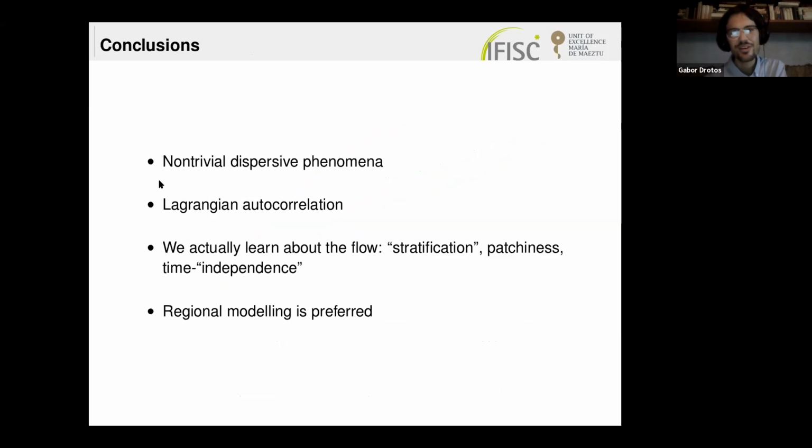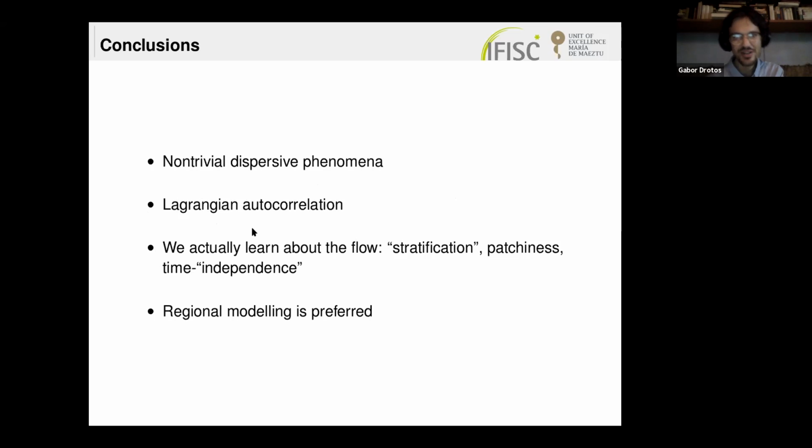First of all, we can observe some really non-trivial dispersive phenomena when investigating the vertical dispersion of sinking, idealized particles. Then we also learn that for a proper investigation, we need to evaluate autocorrelation in a Lagrangian sense, maybe not a surprise, but still something that seems to be important.